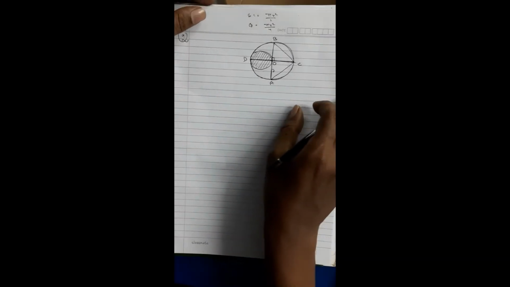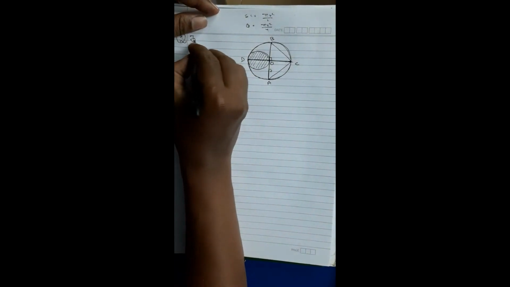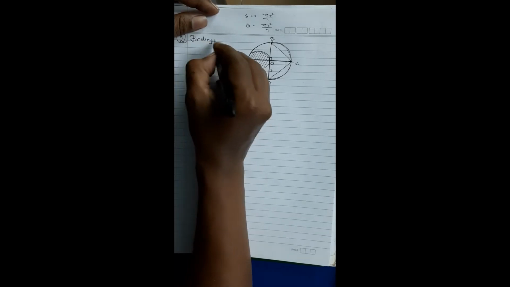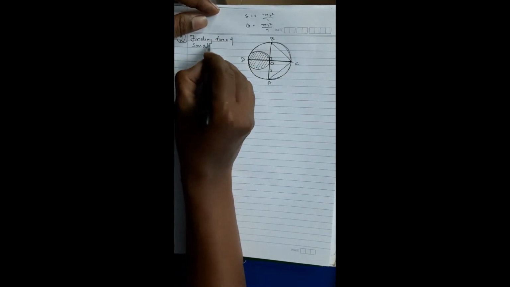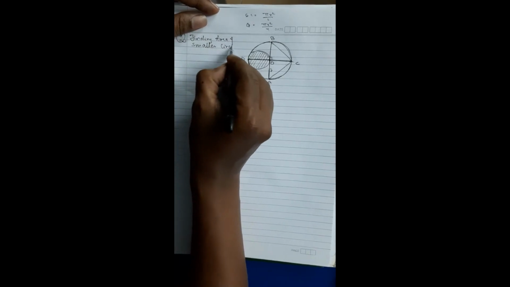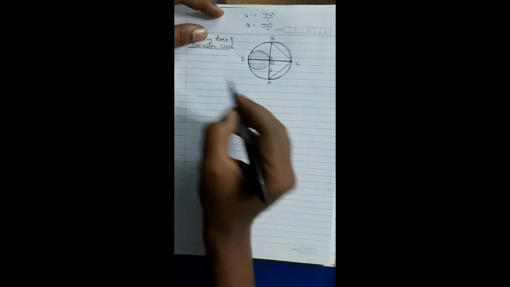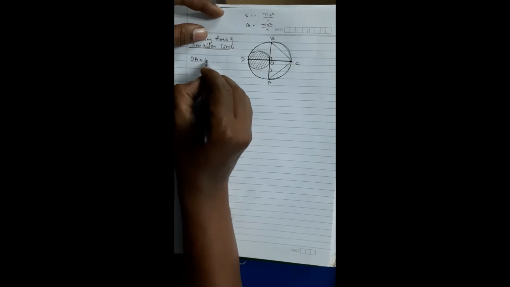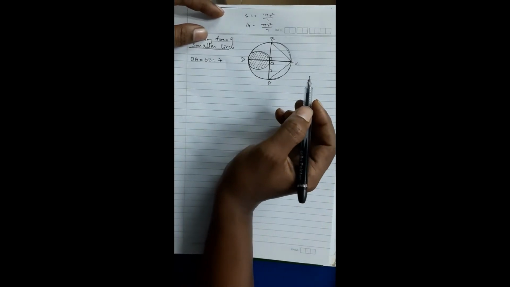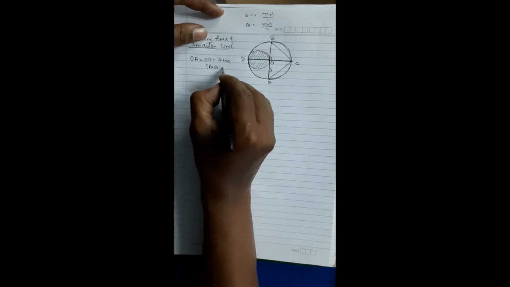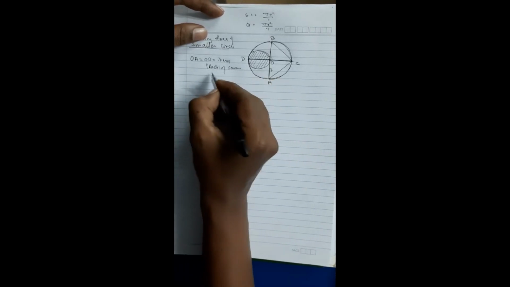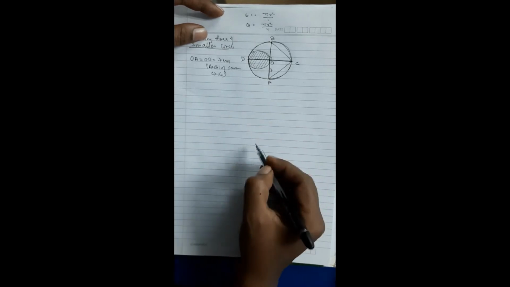So we can just write that first. Let us finish that. Finding area of smaller circle. OA is equal to OD is equal to 7 centimeter. Reason is radii of same circle.